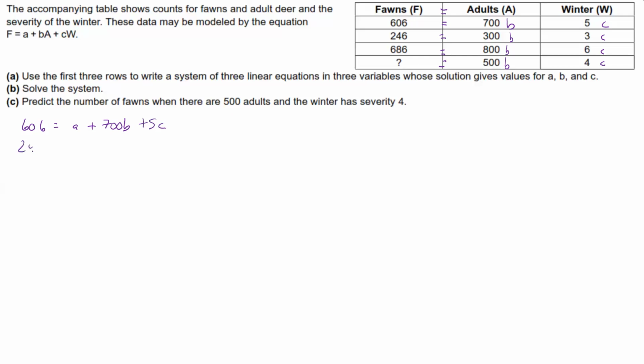Then I have 246 equals A plus 300B plus 3C. And then I have 686 equals A plus 800B plus 6C. So that's going to be my equation 1, my equation 2, and my equation 3.